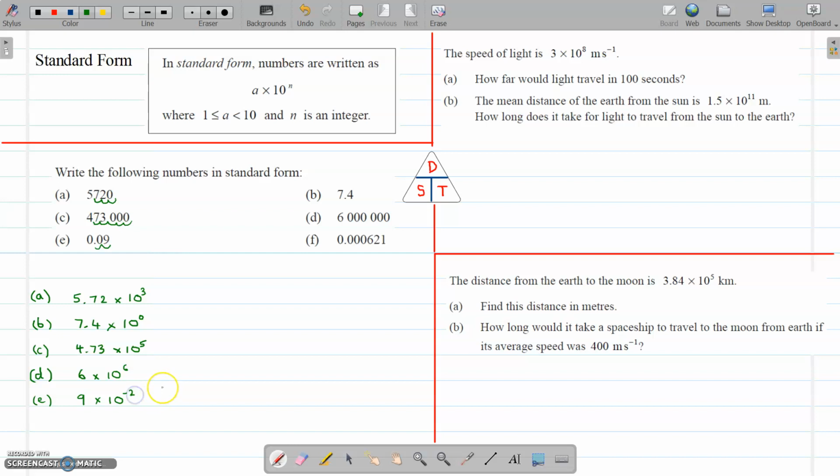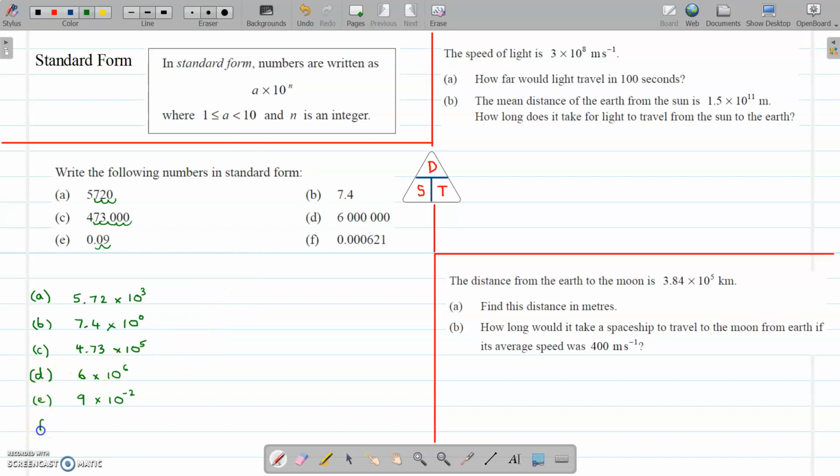Basically, 9 on its own is 9 times 10 to the power 0, 0.9 is 9 times 10 to the negative 1, and 0.09 is 9 times 10 to the negative 2. So you can see the pattern there.